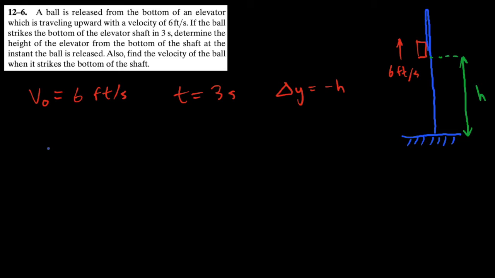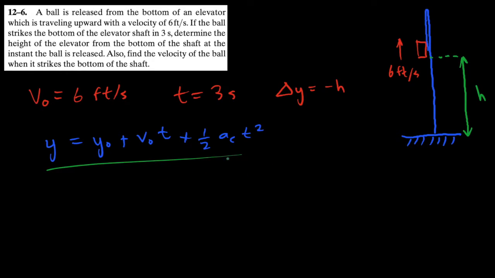This equation is the following: y, the vertical position at the point of interest, equals y naught, the initial position, plus v naught, the initial velocity, times t, the time at the point of interest, plus 1/2 times a c, the constant acceleration, times t squared. Now, with the information we have, it is fairly clear what each of these terms equals.